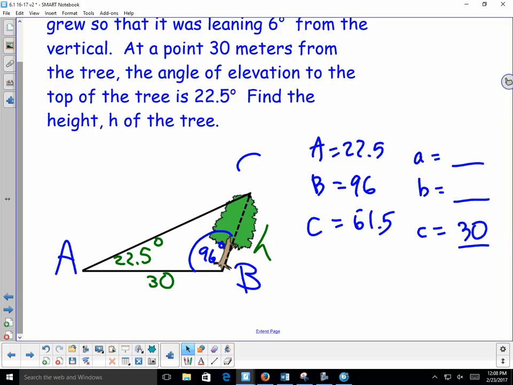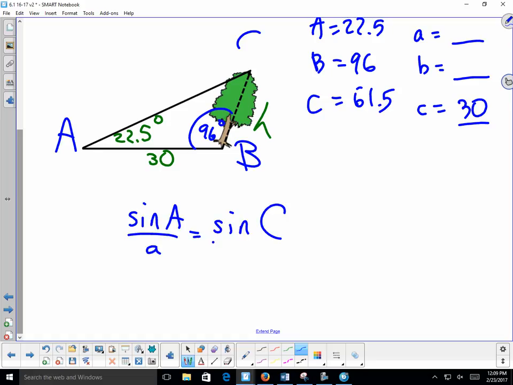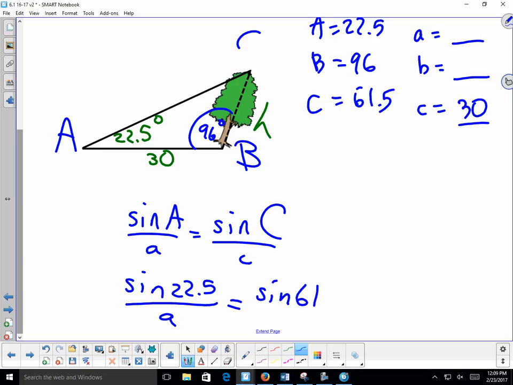Alexis, how do we set it up? You're going to do sine of A over A equals sine C over C, so that's sine of 22.5 over X equals sine of 61.5 over 30.